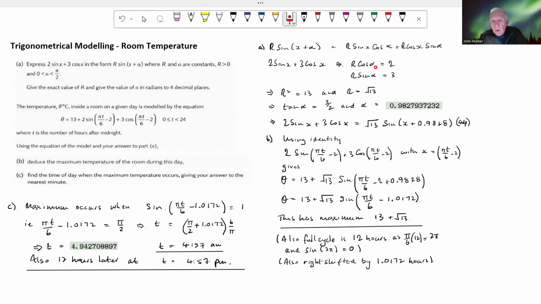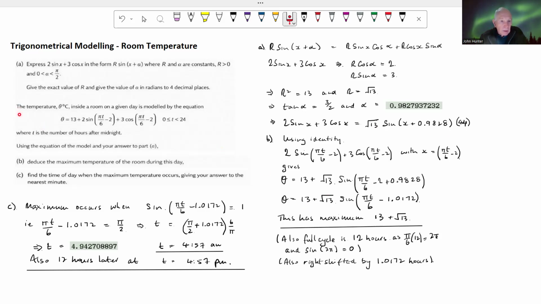If we square both and add them, we get r squared equals 13. And then if we divide the second one by the first, we get tan alpha equals 3 over 2. So alpha is equal to this many radians. Therefore, our original function 2 sine x plus 3 cos x is equal to this.